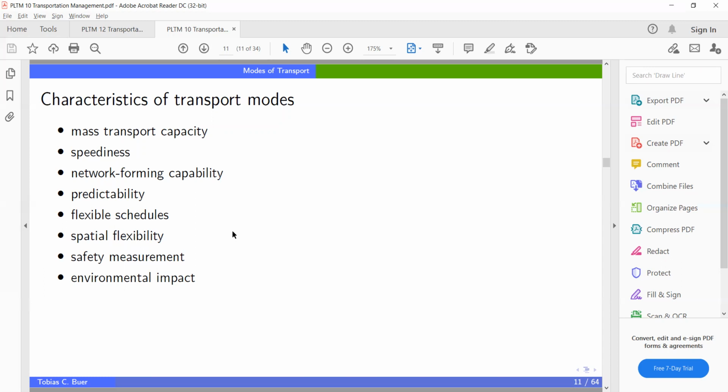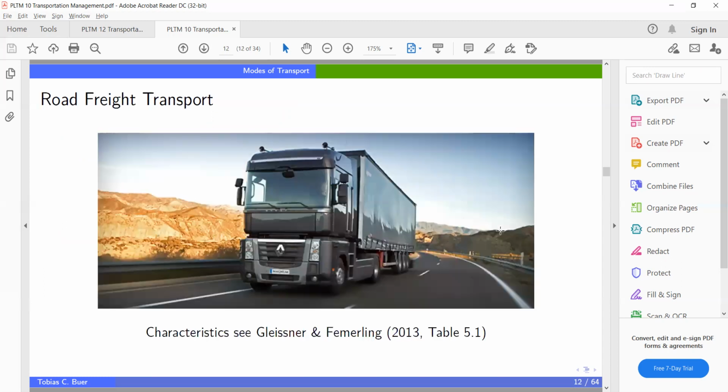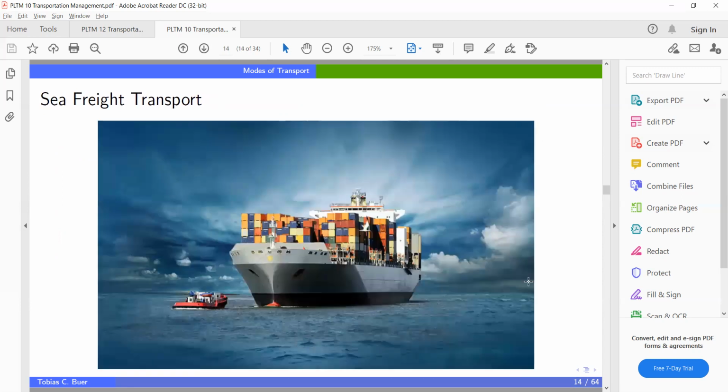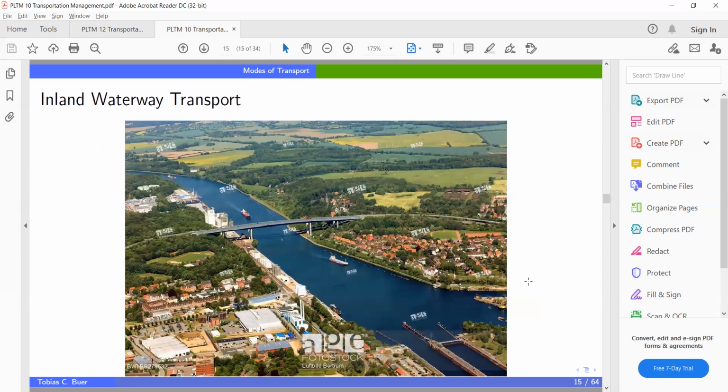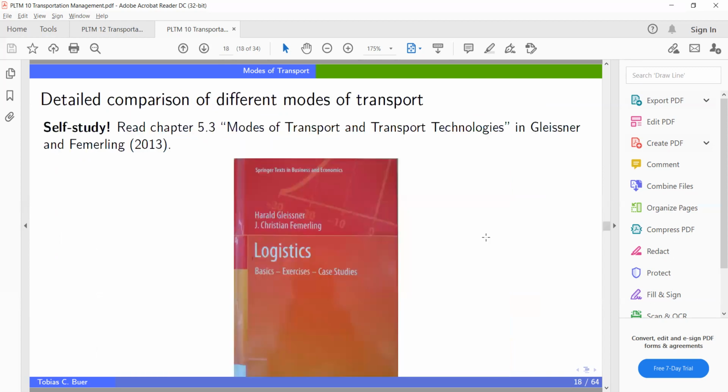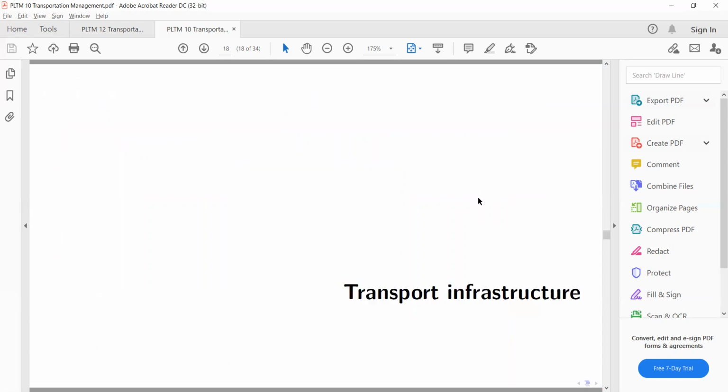The road freight transport is, of course, the most important mode of transport. And we have other modes of transport as well. Here you see again, chapter 5.3 is highlighted for the different modes of transport, where you can find more details about this.